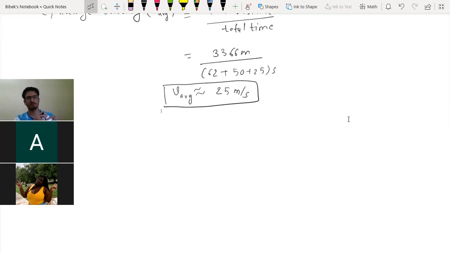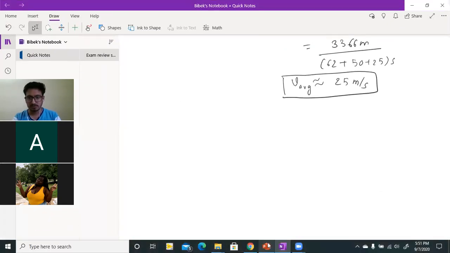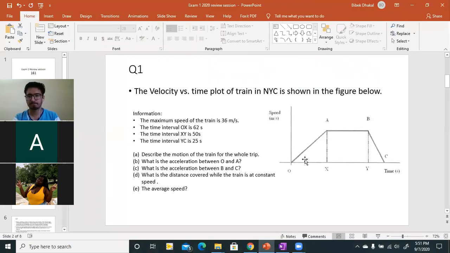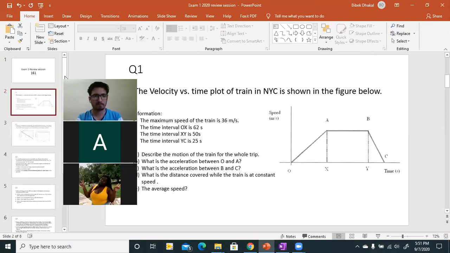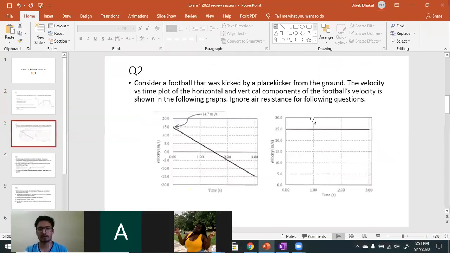I hope you are opening the presentation file and looking at the problem while I'm solving it. So let's look at the second problem. There's a projectile problem, number 2.